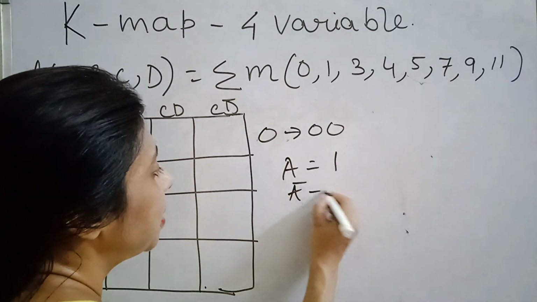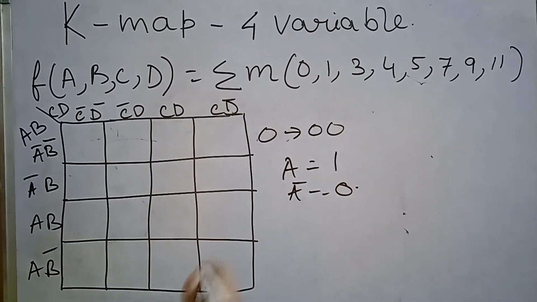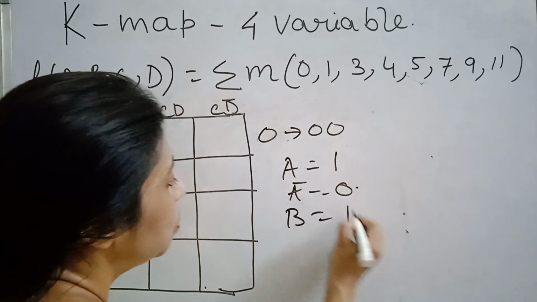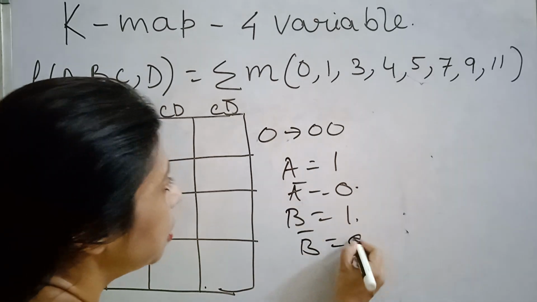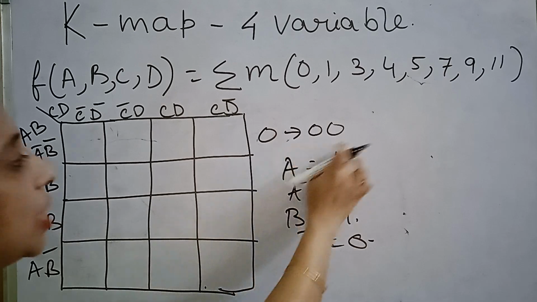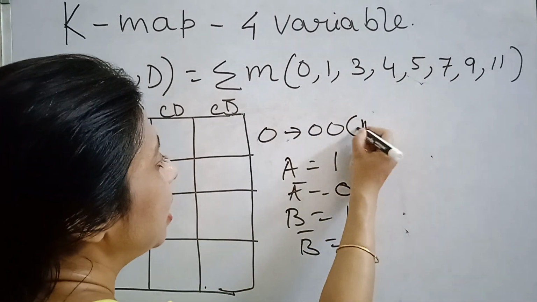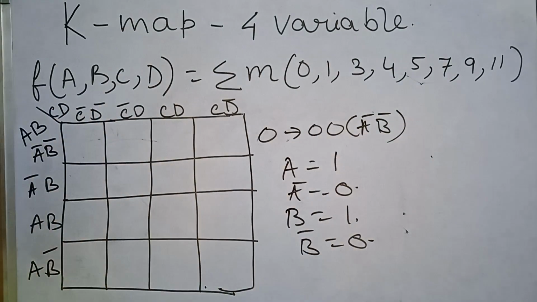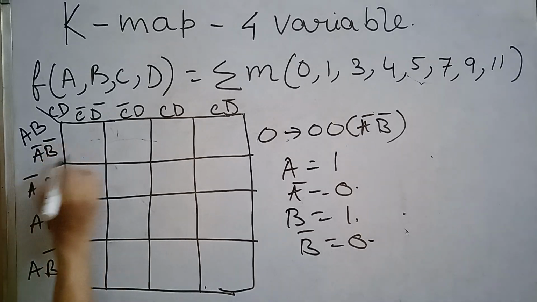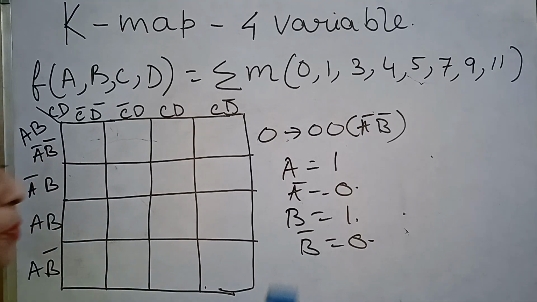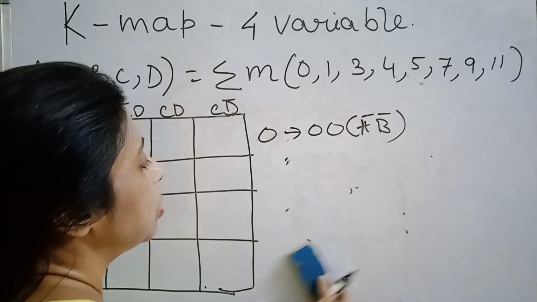So A bar will be 0, right? Similarly, if B equals 1, B bar will be 0, right? So 0, 0 is equivalent to A bar B bar. So this row is A bar B bar, which corresponds to 0, 0.